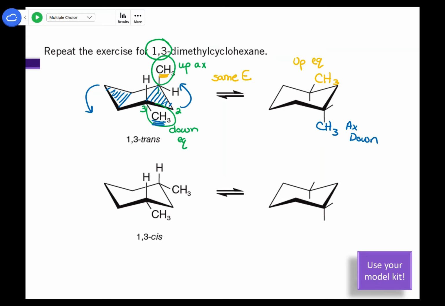So they're either both up, or to match the drawing in your book, they can be both down. So we're going to go flip, flop, and see if you can make your chair conformation exactly match what we see in the picture. So I have a down equatorial and a down equatorial.